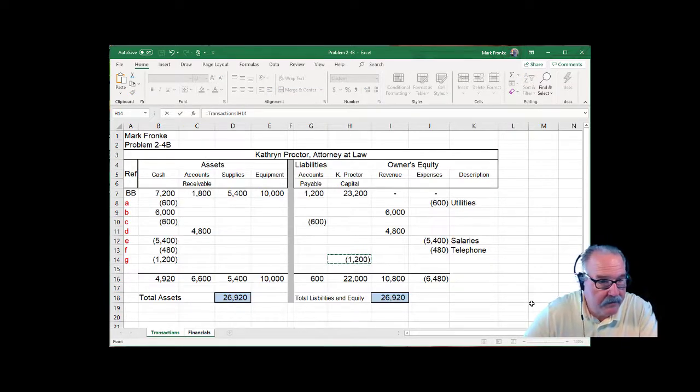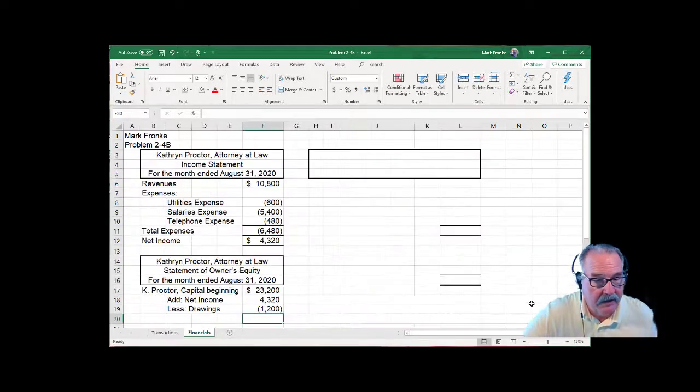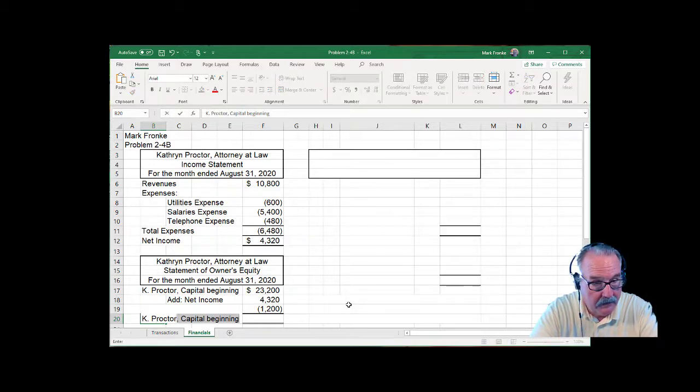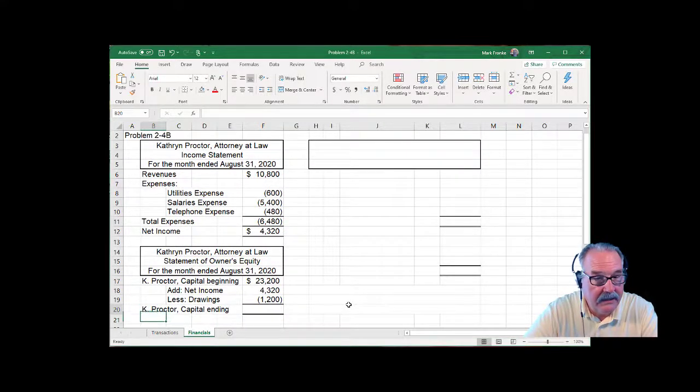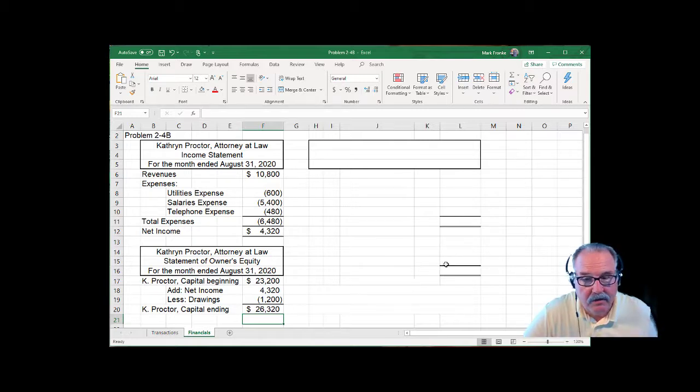It's transaction G. And that's a negative because when the owner takes money out, that has a negative effect on equity. So now K. Proctor, capital, ending. This is at the end of the month. If I total this up, I get ending capital of $26,320. So now I need that number to plug into the balance sheet over here, and we'll get to that.